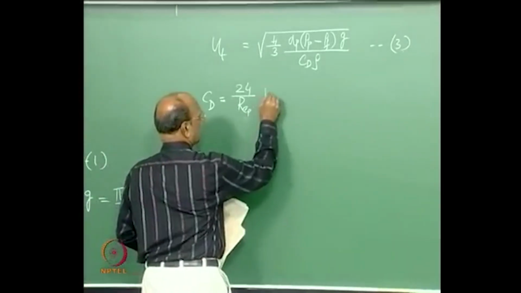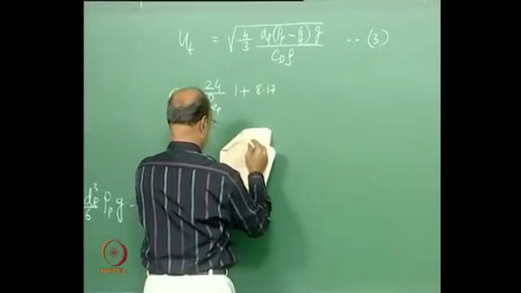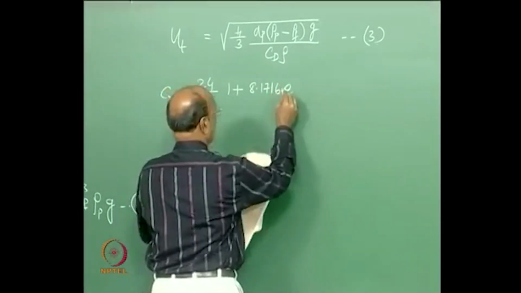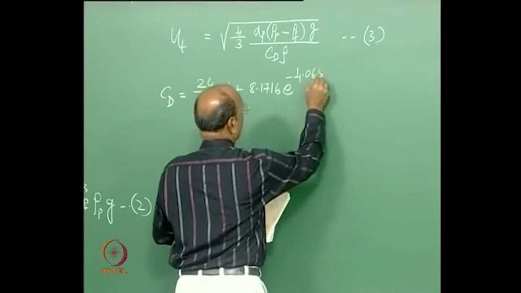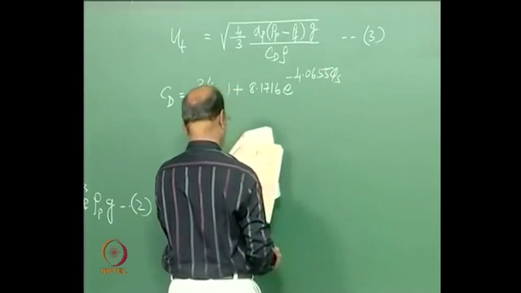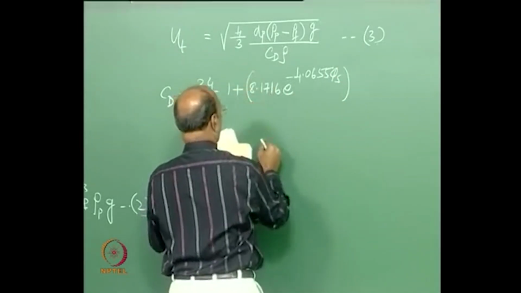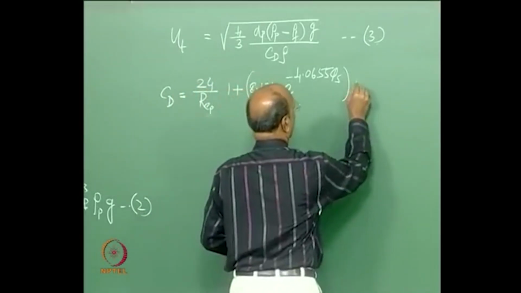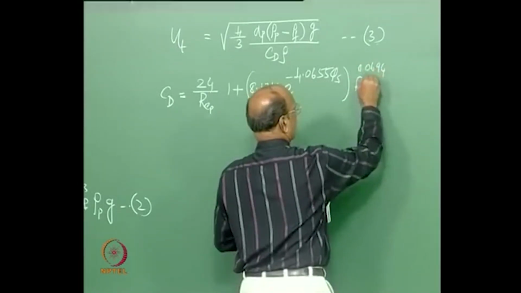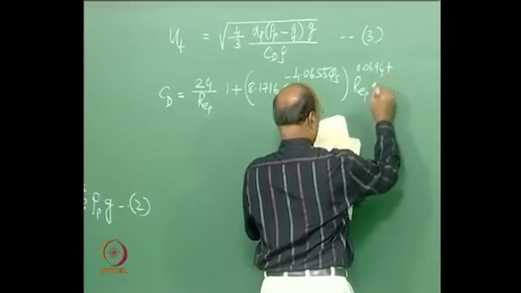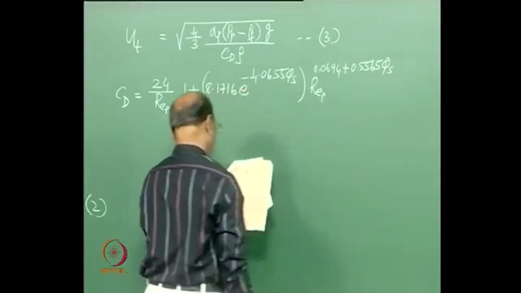This is 1 plus 8.1716 e power minus 4.0655 phi s, purely an empirical equation, so you will have all funny powers, multiplied by Rep to the power of 0.0964 plus 0.5565 phi s, that is one term.